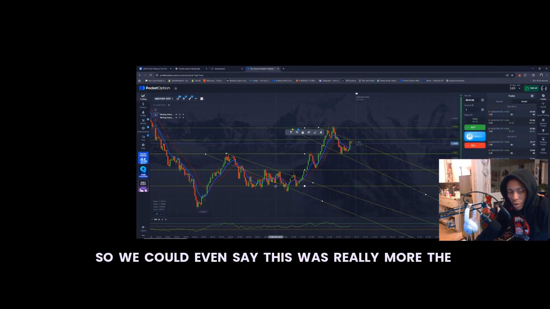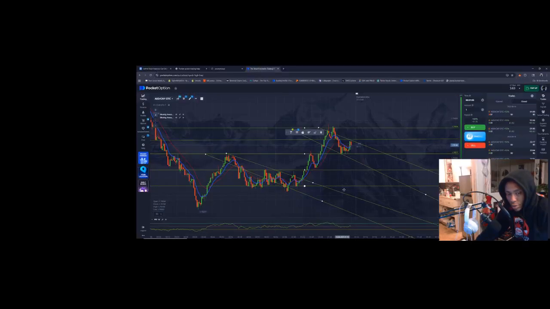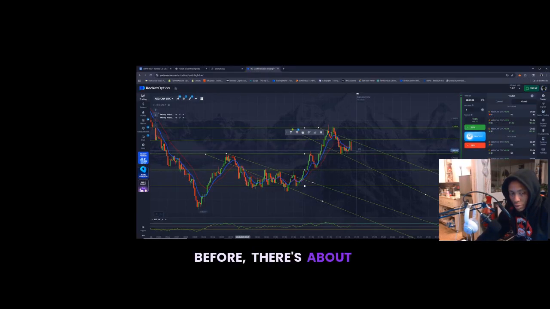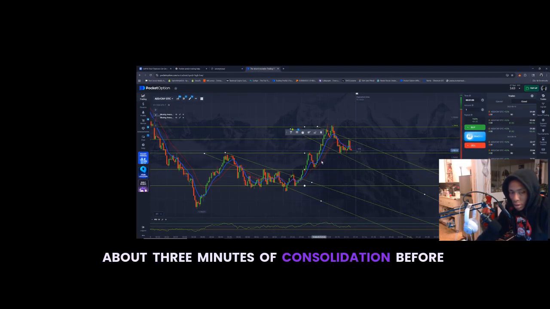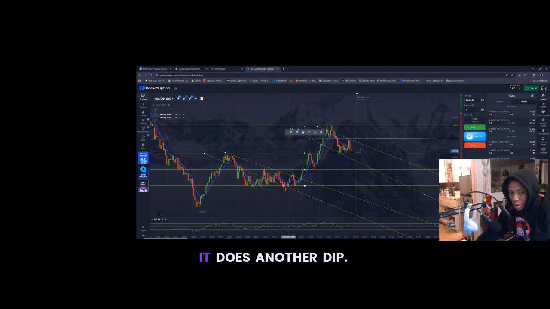So we could even say this was really more the support. So in between this space, there's about 3 minutes of consolidation before it does another dip.